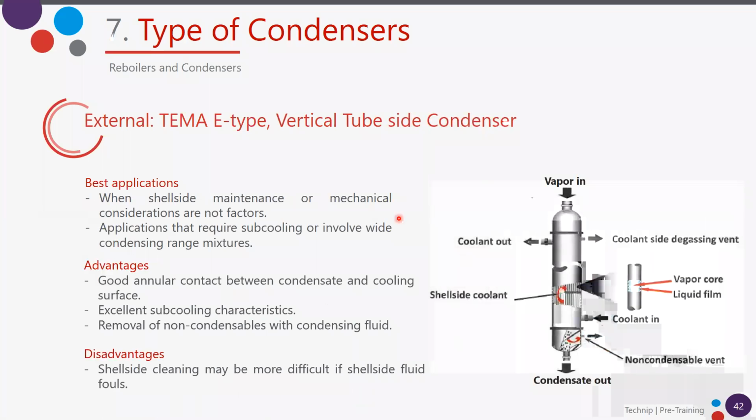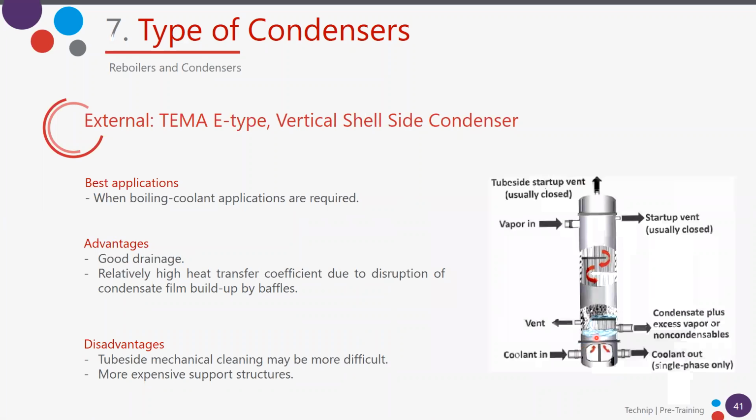I just want to add that for the vertical condensers in industries, the vertical tube side condenser is usually the most common, rather than the vertical shell side condenser, because in this case the condensate outlet is better placed than in the shell side condenser, where the condensate remains here, and we have to have this path very, very well designed to avoid having too much condensate here.